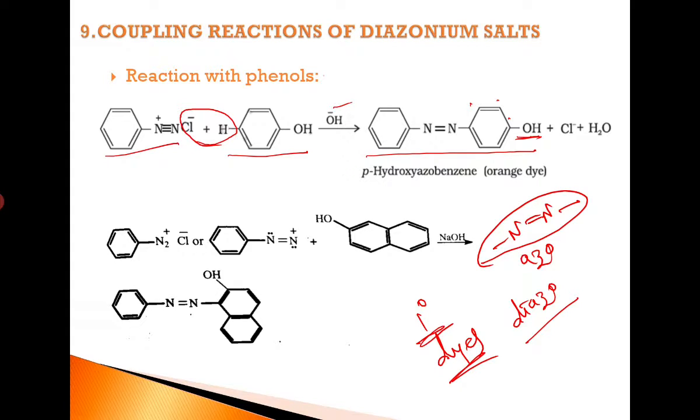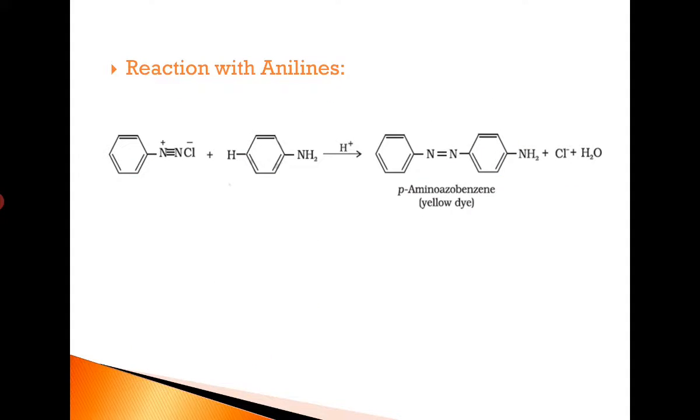And suppose if you take the example of beta naphthol, we also get a dye product, which I think is a scarlet red colored dye. Next, suppose benzene diazonium chloride is treated with aniline, then we get a yellow colored product.